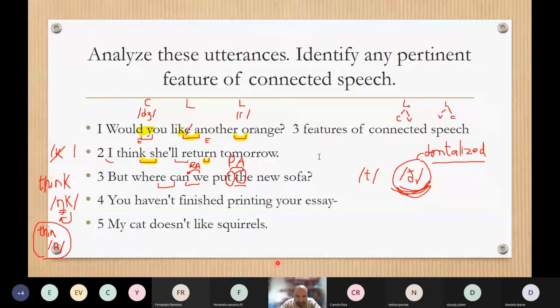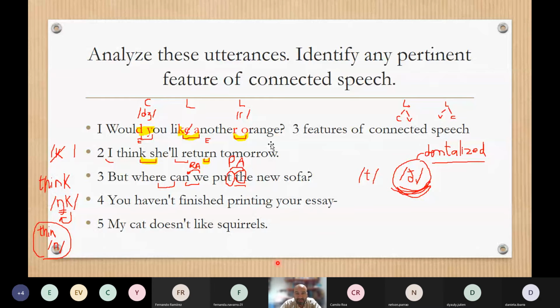The idea is saying, okay, 3 features. You're not told which one. Okay, this is 1. This is another. Okay, I have linking, and I have coalescence here. All right, so I got them all.